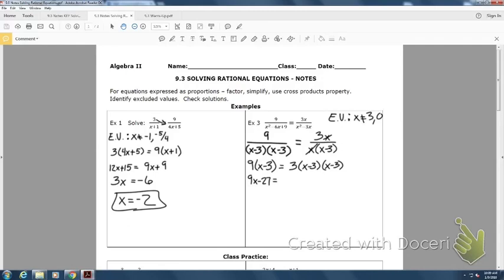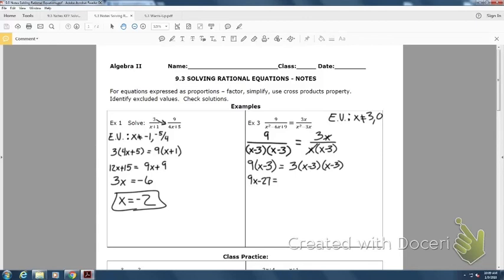Does it matter the order in which I do that? Do I need to multiply these two first, or these two first? It doesn't matter, okay? If I multiply 2 times 3 times 4, that's going to be the same as 4 times 3 times 2.